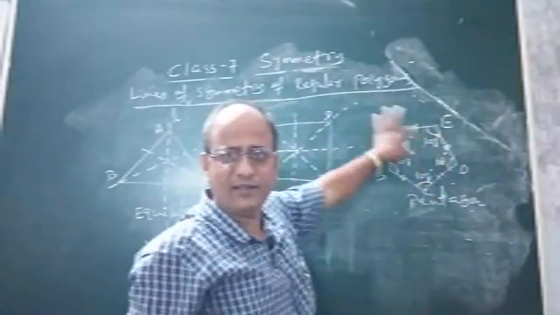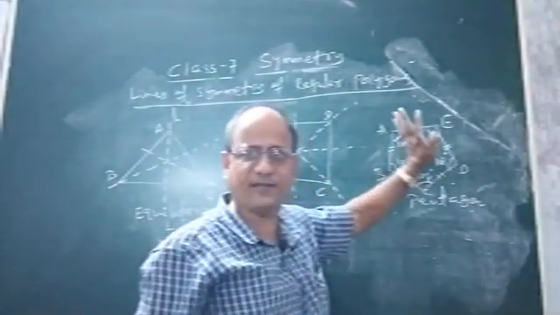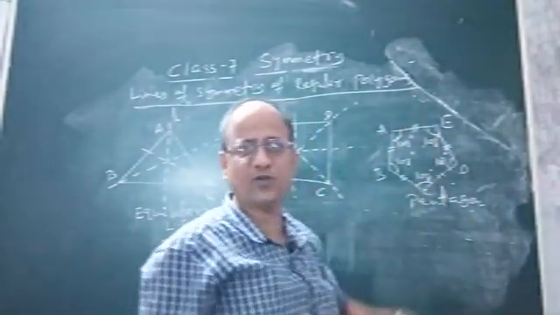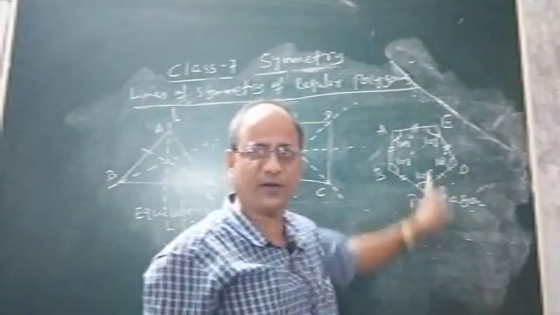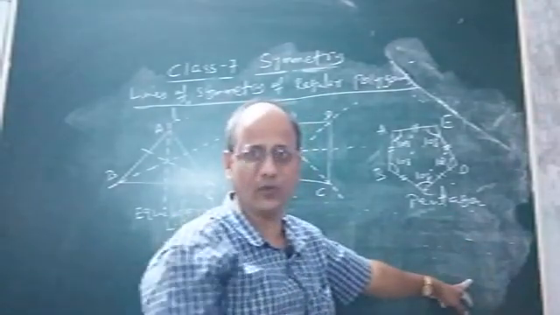Now we find that all the 5 interior angles are the same and all the 5 sides are the same. So the name of this polygon will not be just pentagon, it will be a regular pentagon.